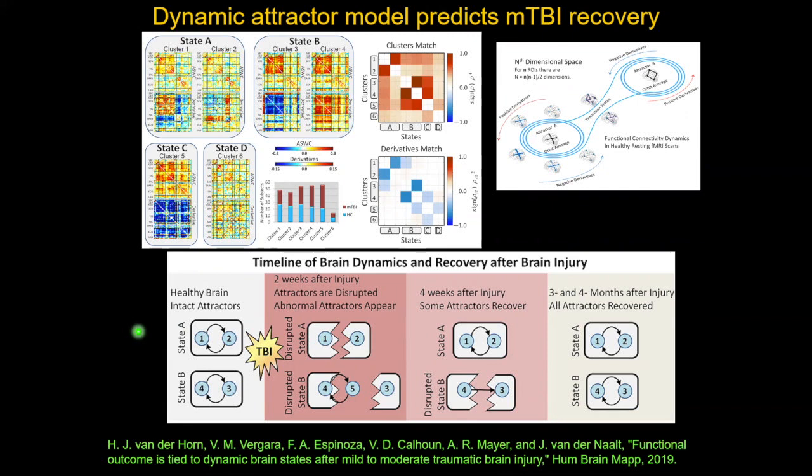So here what we did was, instead of using the amplitude only, we have this sliding window connectivity patterns, but we also have the derivative, or the change over time, of those patterns. And so that derivative tells us whether information is flowing into or out of, for example, the pattern at time point 1.